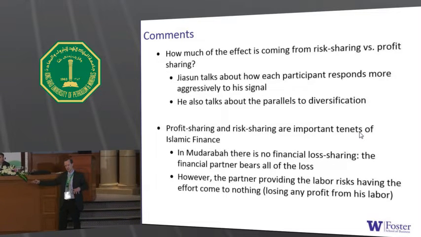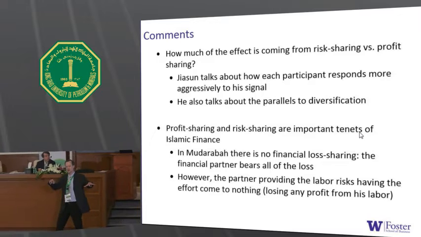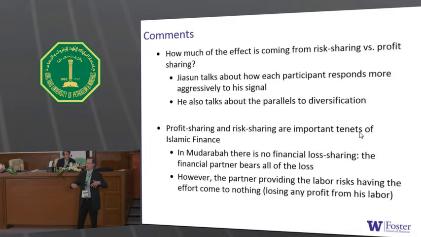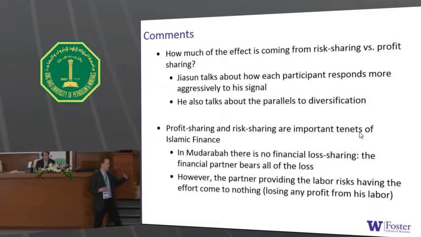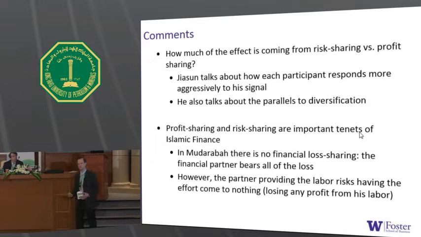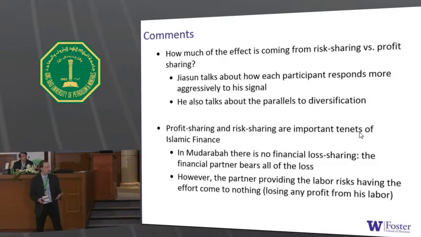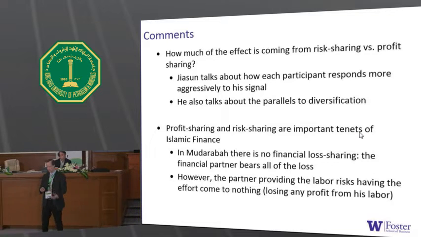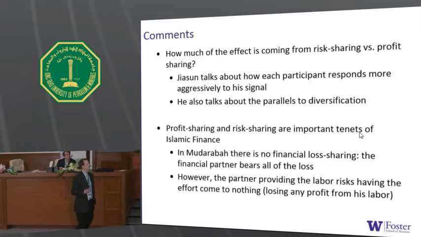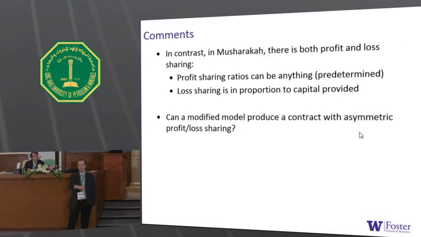There's a financial partner and there's the entrepreneur, and they have profit sharing, but the financial partner bears all of the financial loss, and the entrepreneur has a potential for loss, but the loss is that his effort actually just comes to nothing. So I wonder if there's a way to incorporate that setting into your model as well. In Musharaka, there's both profit and loss sharing, right?